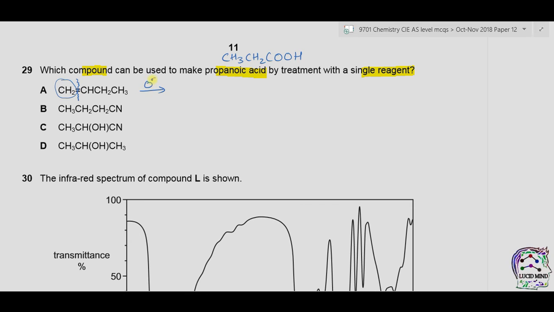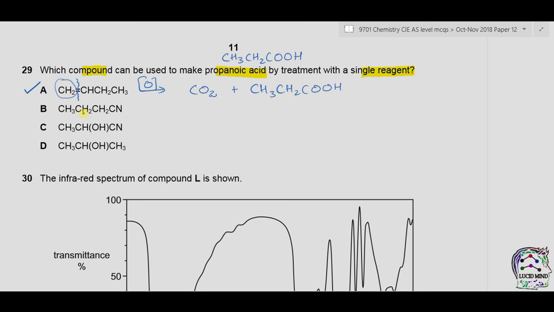So we can write the oxidation in the presence of hot concentrated acidified potassium manganate. It will make CO2. And this carbon that is making a double bond is converted into a carboxylic acid. So we have a 3 carbon carboxylic acid that is formed. So this is propanoic acid and we have CO2. So A could be the correct option.